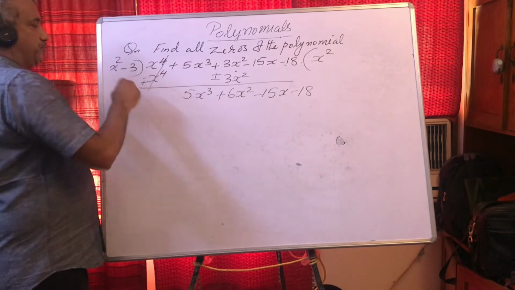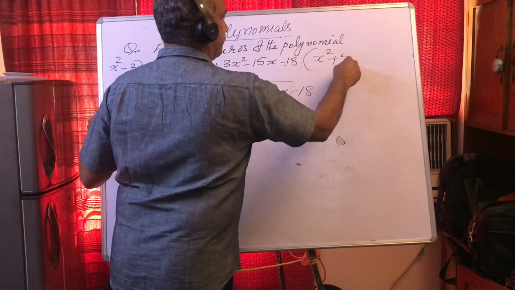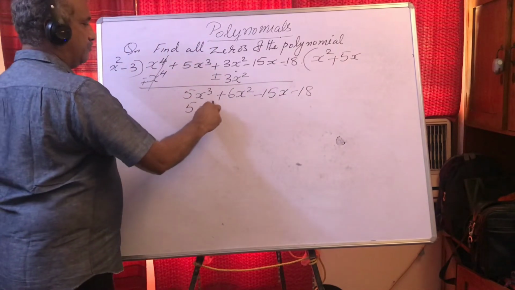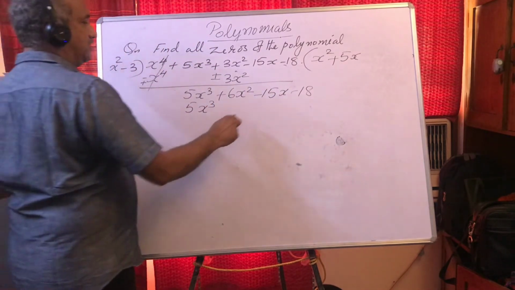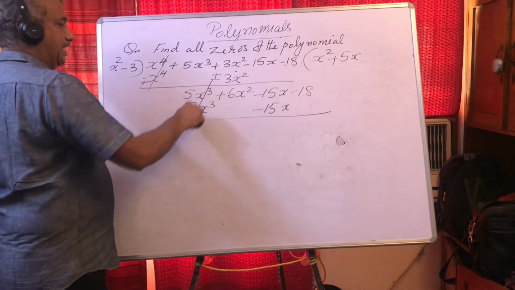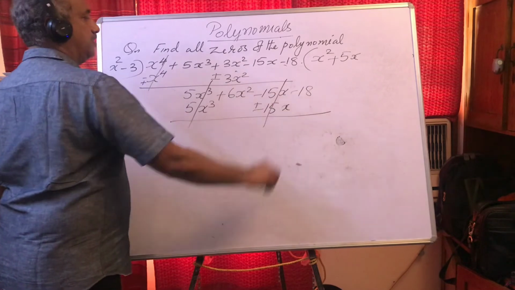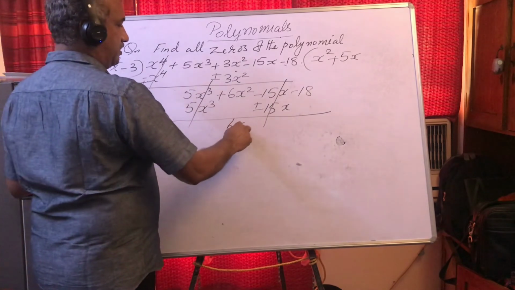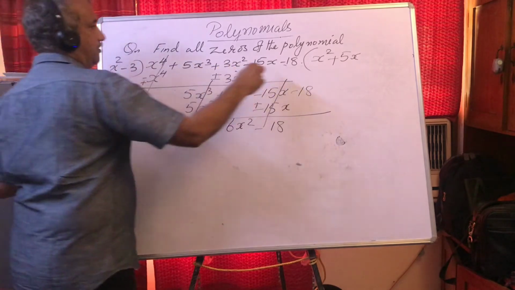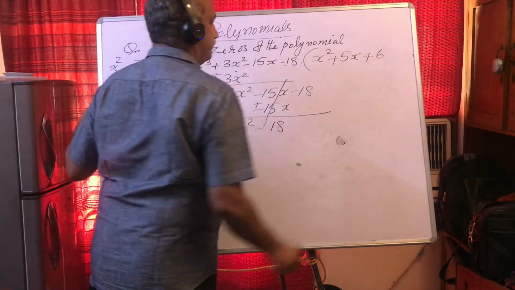Again 5x cube upon x square, plus 5x into x square, 5x cube, 5x into minus 3, minus 15x. This is cancelled, this is cancelled. Now what is left is 6x square minus 18. 6x square upon x square, plus 6.